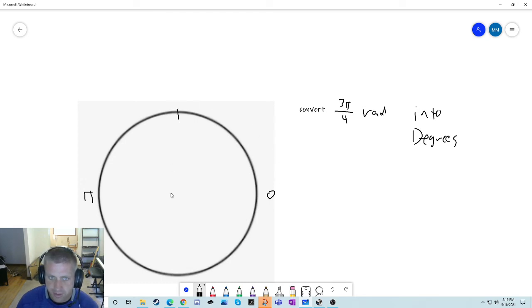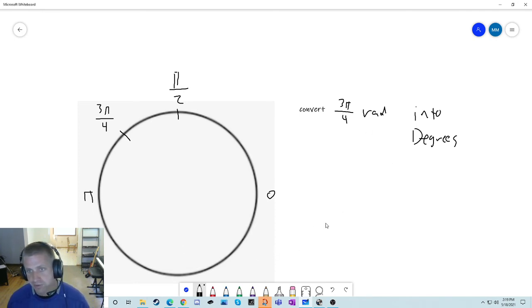Well, then this right here is halfway to pi. So this is just half of pi, pi over 2 radians. So 3 pi over 4 radians is 3/4 of the way to pi. So we oftentimes talk about it as fractions of a half circle. Anyway, that's sort of a side note.